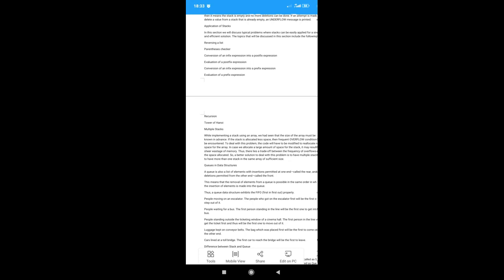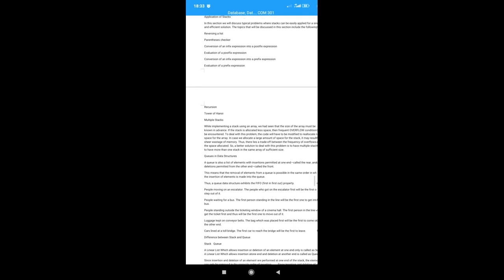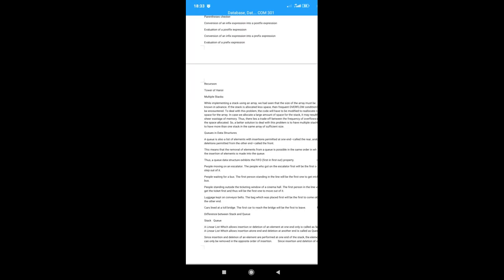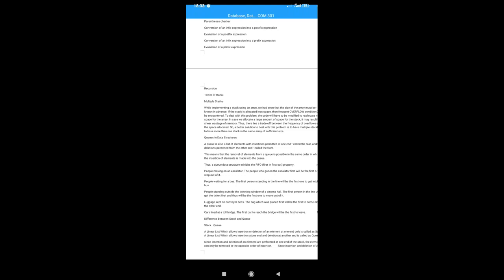Then another type here is what is called a stack. A stack stores information or data items in a linear order, and operations that can be carried out on them is being called LIFO or FIFO.